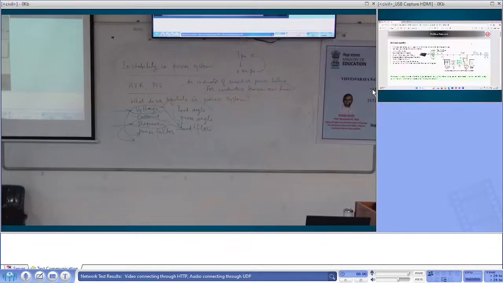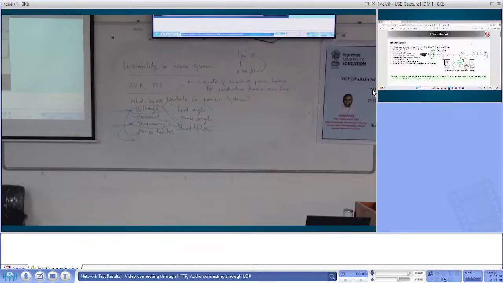This is a very important assumption, right? Your transmission lines are mostly inductive, and if your transmission lines become resistive, this assumption is no more valid.